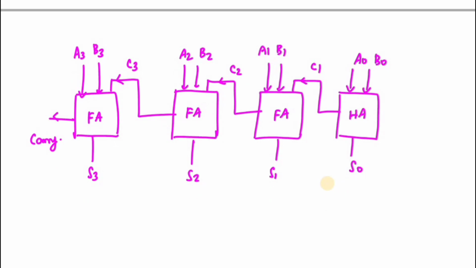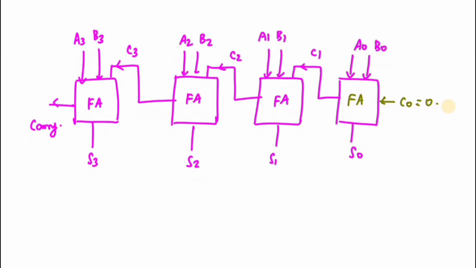If I want to change this one into a full adder, what is a full adder? A full adder is the addition of 3 bits. So I am going to make this one a full adder, and I am going to add one more bit, C naught, and that value must always be equal to 0.